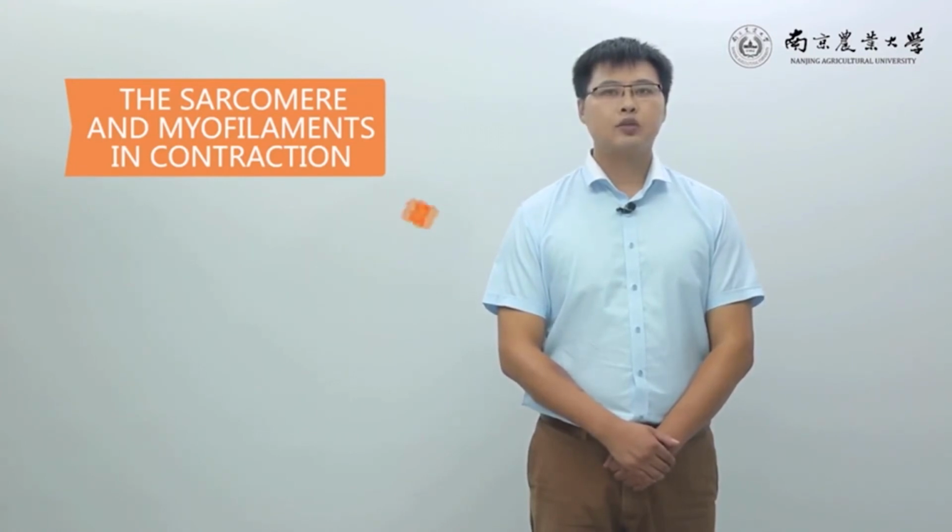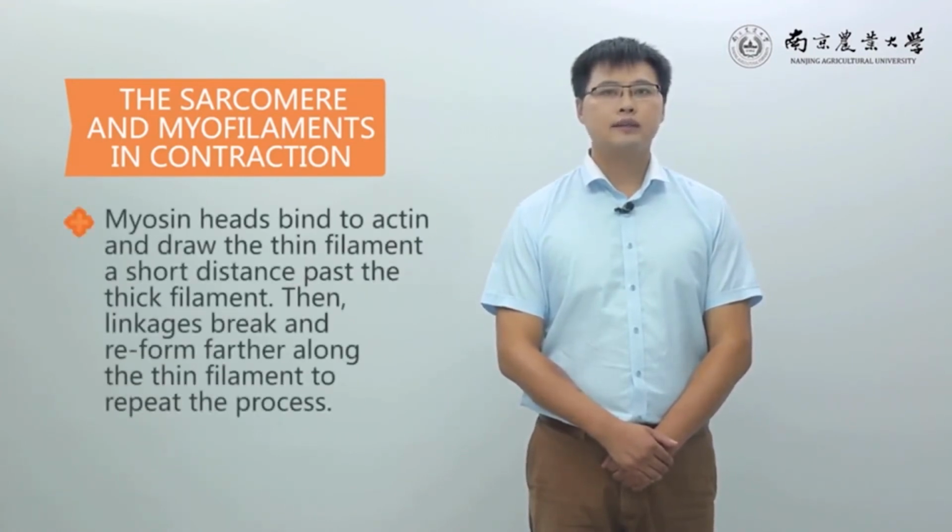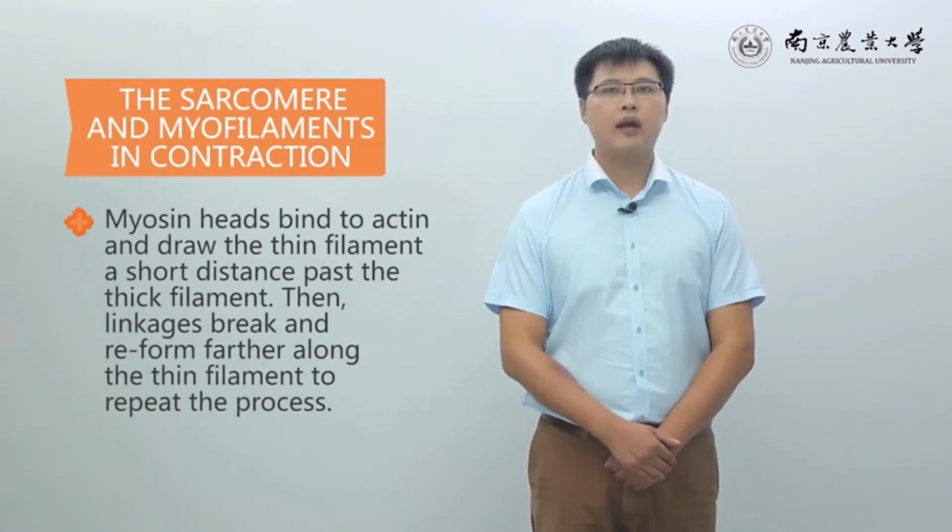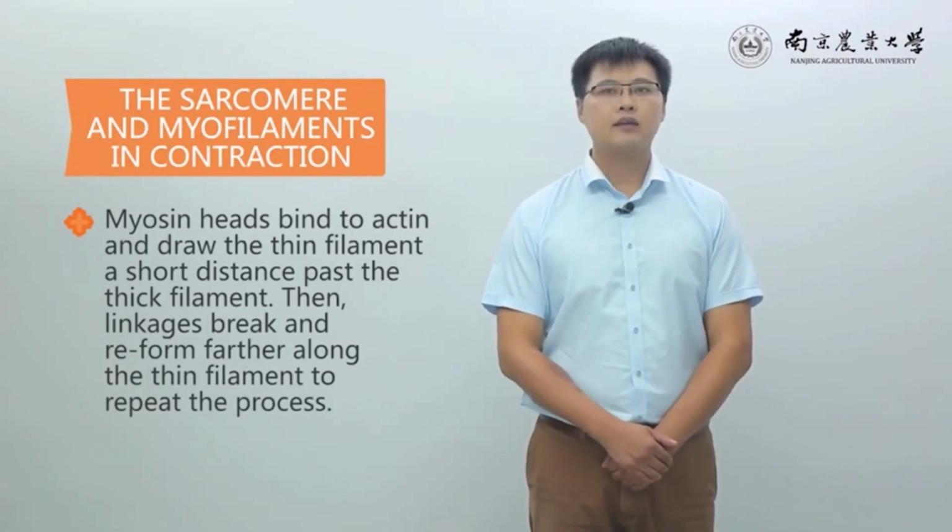Myosin heads bind to actin and move the thin filaments a short distance past the thick filaments. The linkages break and reform further along the thin filament to repeat the process. Filaments are thus pulled past each other in a ratchet-like action.